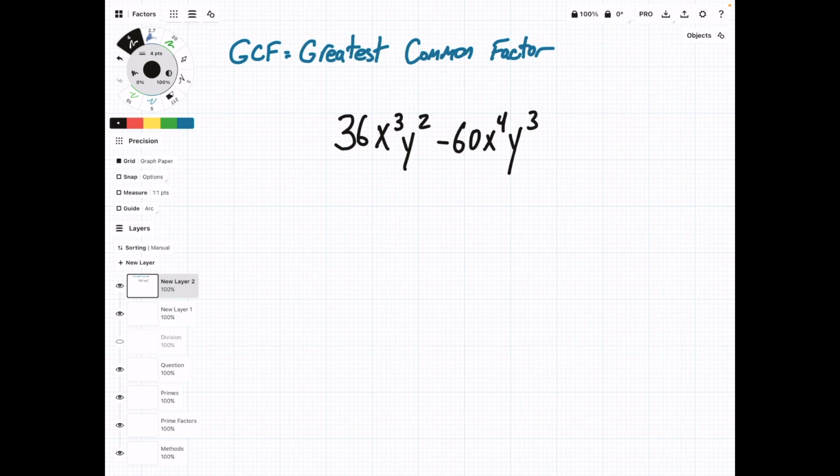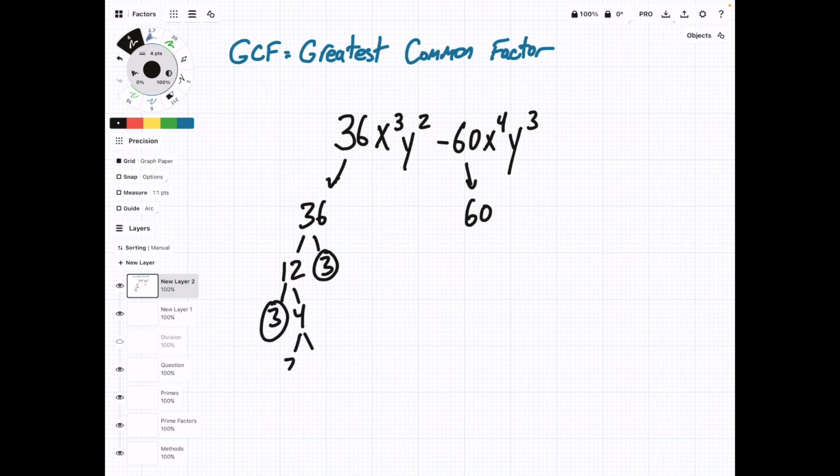Okay, so in this case, I will still write it out. So we have 36 on this side and a 60 over here. And we're going to break this up into 12 and 3. Circle that. This is 3 and 4. Circle that. And then 2 and 2. And over here, we have a 12 and 5. Circle the 5.